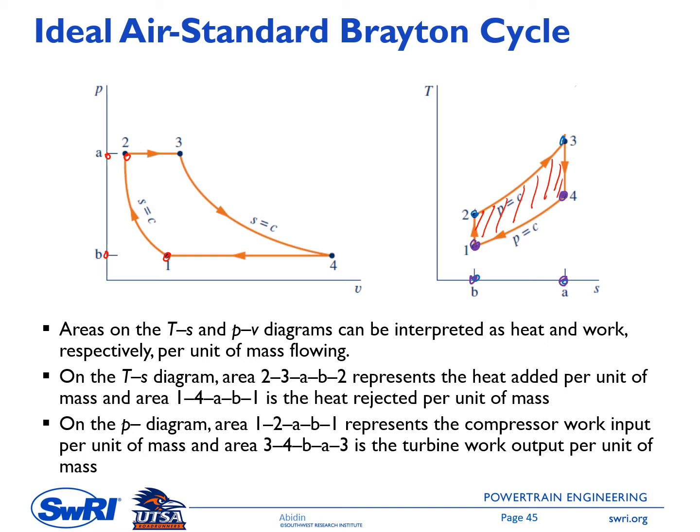Okay, once again, it is to the left of the process line. Don't confuse it with this one. And then the area surrounded by point 3, 4, B, A, 3 is the turbine work output per unit of mass flowing, and the difference, which is the net work, is the area surrounded by the process line.